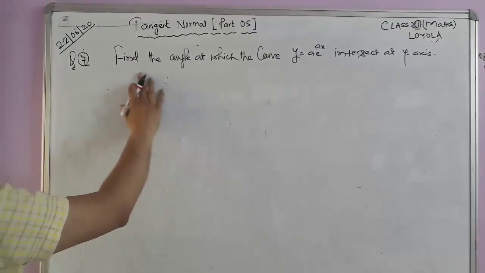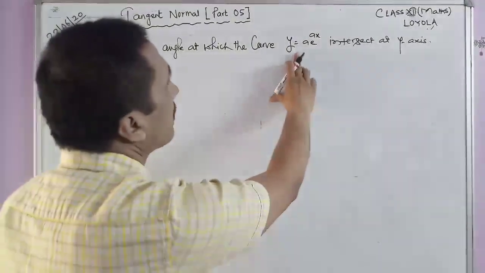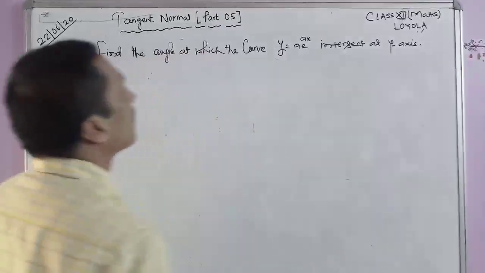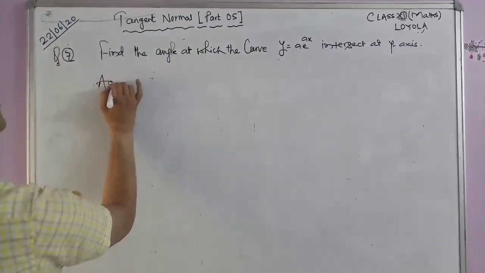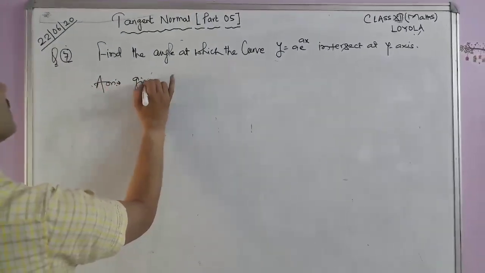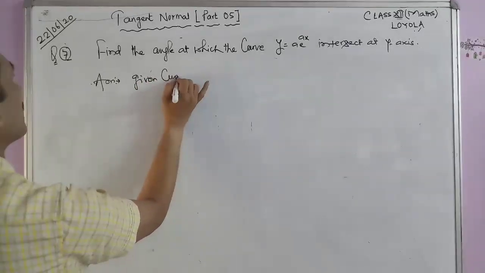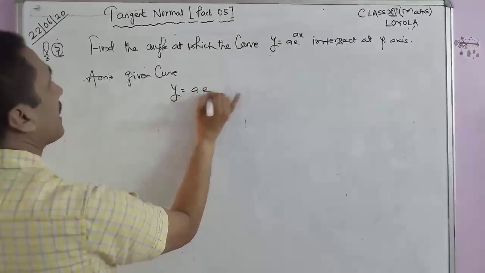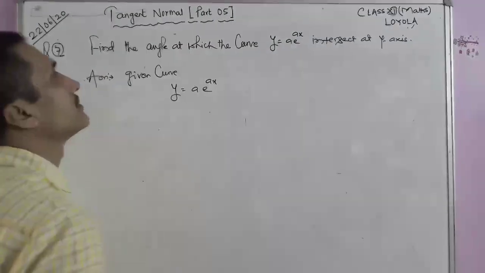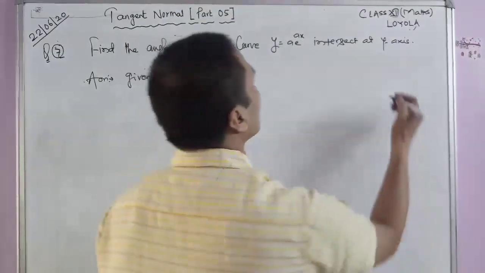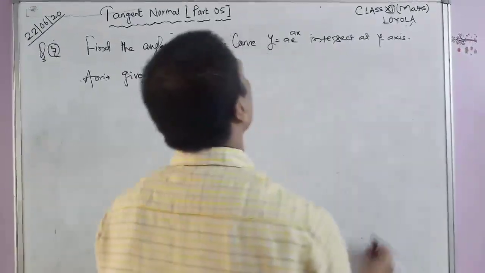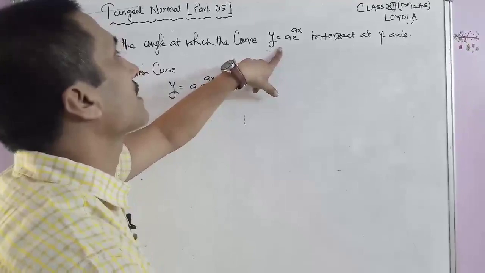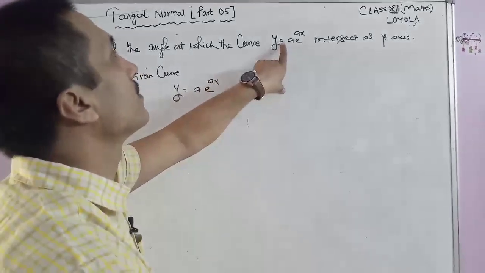The next question, find the angle at which the curve y equal to a e to the power ax intersects the y axis. Here the given curve is y equal to a e to the power ax. At the y axis x equal to 0.